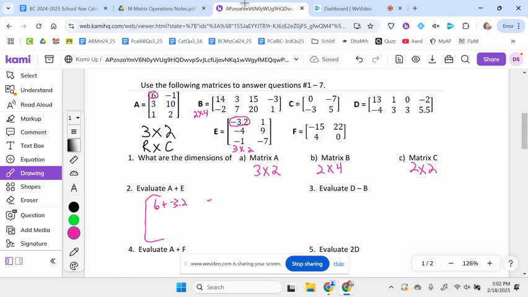Row 1, column 2, add the negative 1 and the 1. And so on and so forth. In the last position there, row 3, column 2, you'd add 2 and negative 7. So I don't think I have to show the rest. Add, and then the answer would still be 3 by 2.